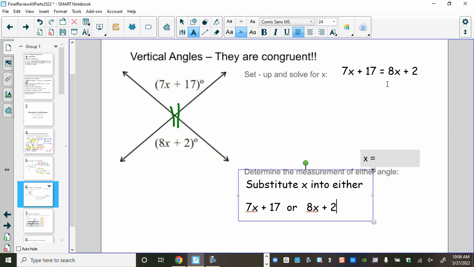Actually, this one's not going to be too bad because in the end it's maybe a two-step problem. Check that. 17 minus 2. X will be 15.